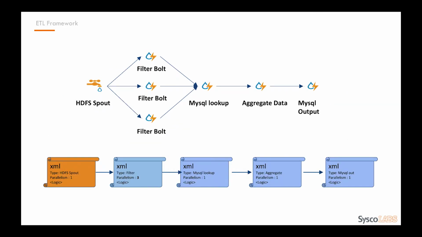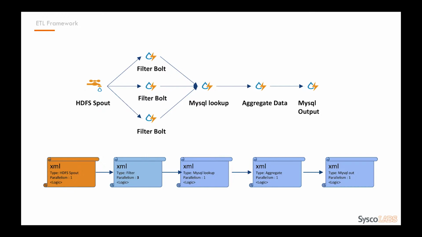So what we did is we built a framework on top of Storm where you can simply write the configuration of each spout and bolt as XML. So we have shown some example XMLs where we can define the parallelism and define the type of the spout.